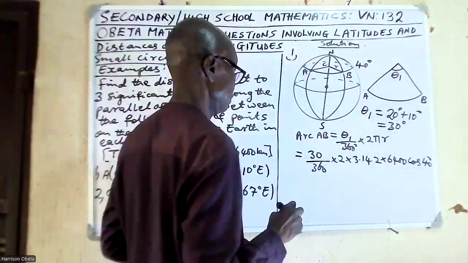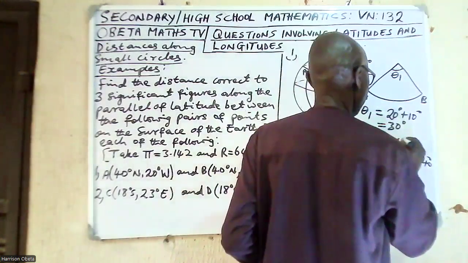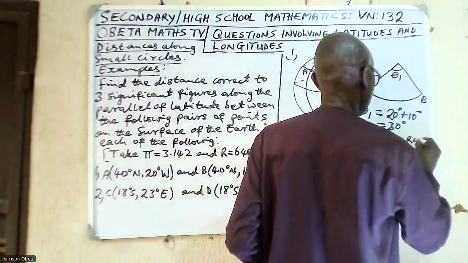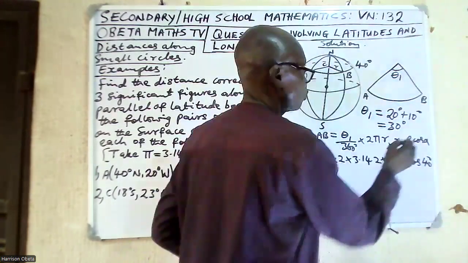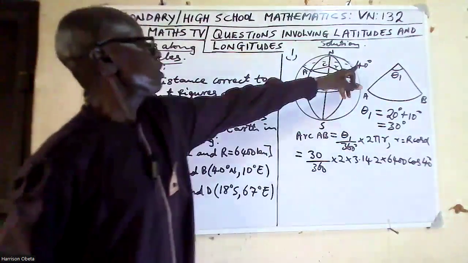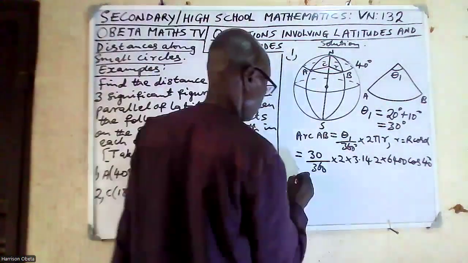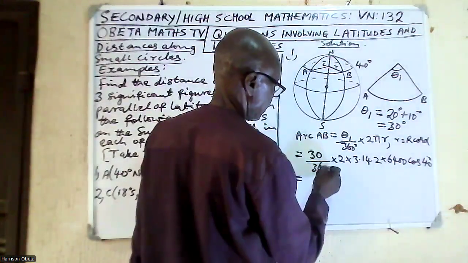Remember that small r is equal to capital R cos alpha. So our alpha here is 40 degrees. So substituting, we can reduce this.